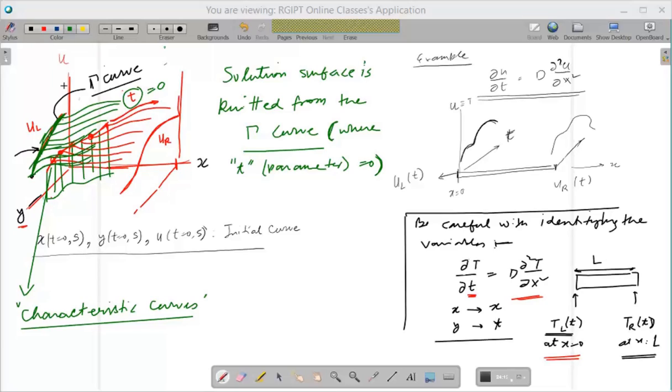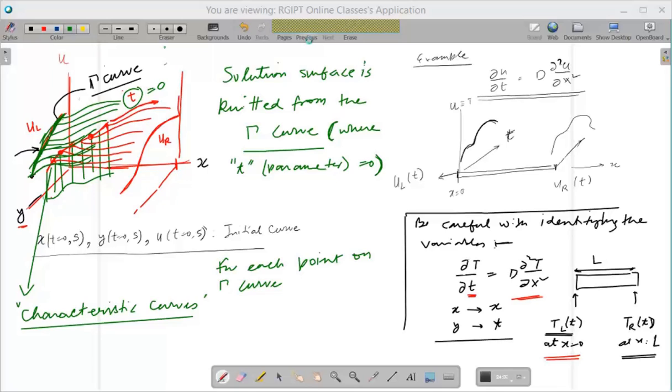So for each point on the gamma curve, I can draw one characteristic curve. Two different points are different, meaning that I have a different initial value.